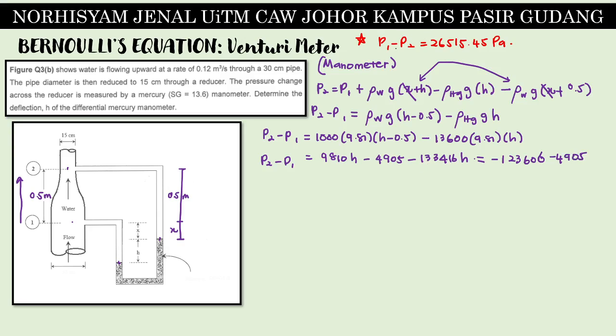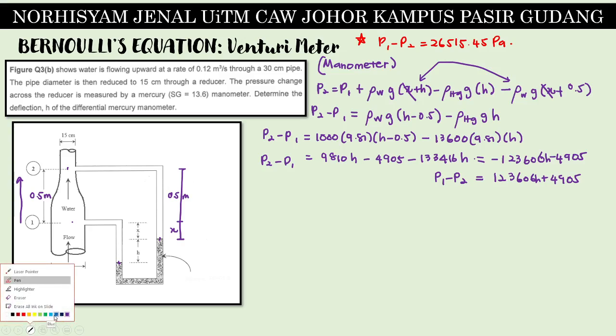To make it the same as P1 minus P2, we change the sign to be 123,606H plus 4905.